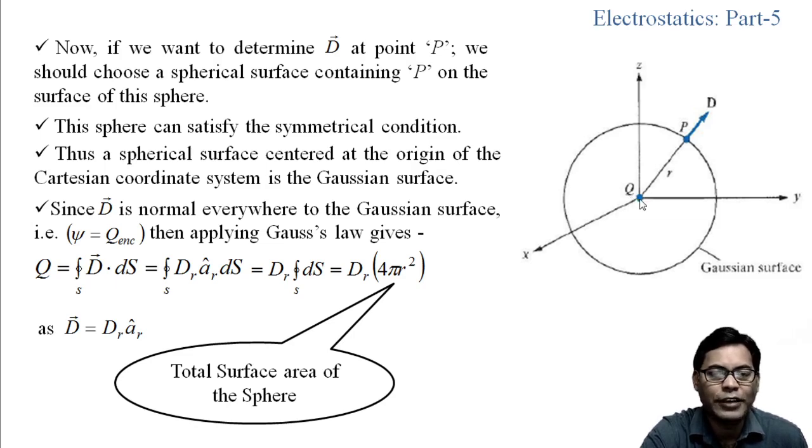Now using our intuition, what will be the Gaussian surface? You can see that if it is a point charge, then if we draw a sphere, the flux density will be the same everywhere on the surface of the sphere.